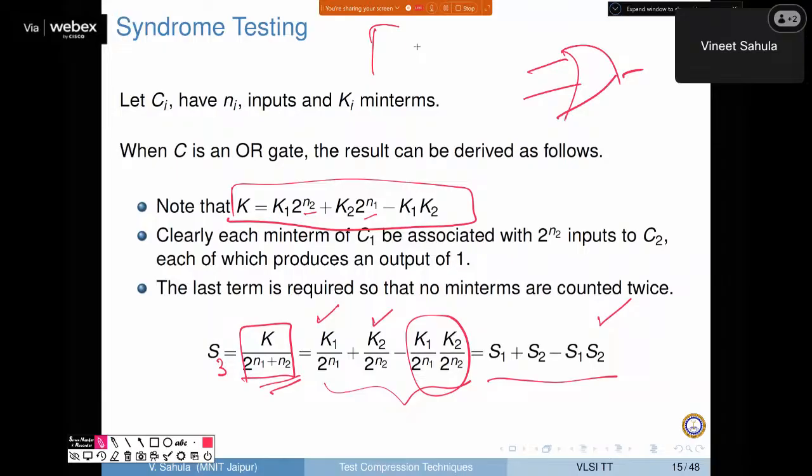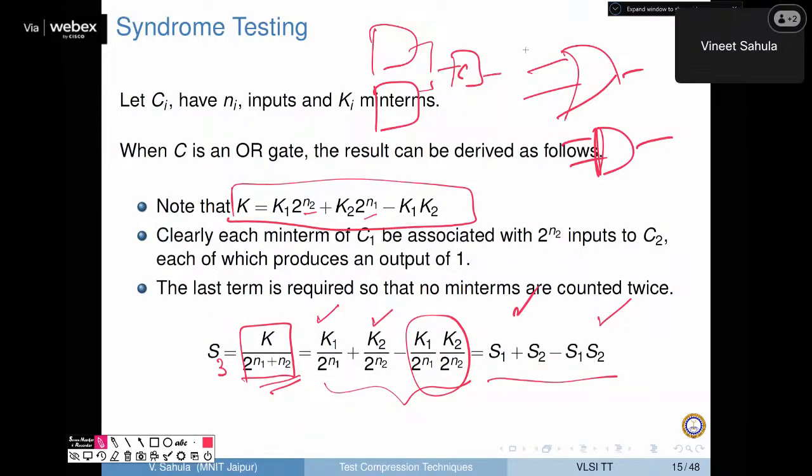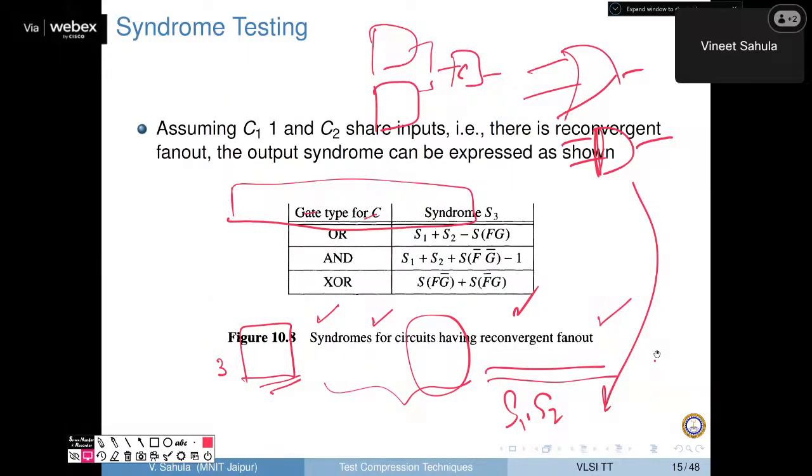Similarly, you can apply the same circuit where C you can take as an AND gate and compute this kind of syndrome for the AND gate, which will be S1 S2. You can prove that. So this is the syndrome for the OR gate, the syndrome for the AND gate, and so forth.